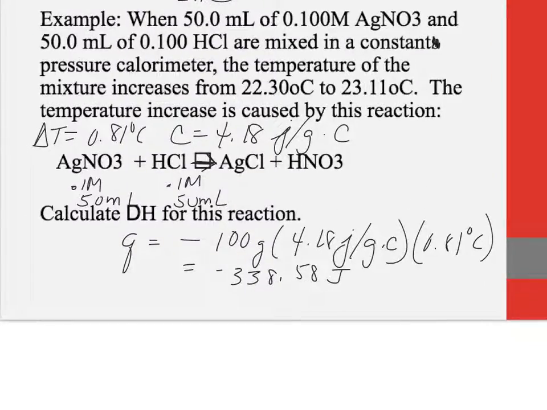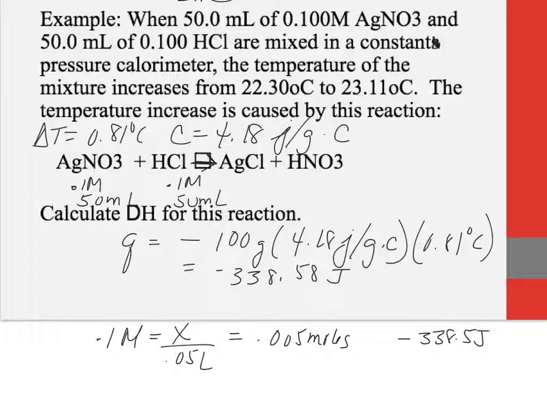So we have molarity, which is 0.1 mole over 1 liter, times 0.05 liters, is going to give us 0.005 moles. And then we just simply take our negative 338.58 joules divided by moles, and let's see what we're going to get.